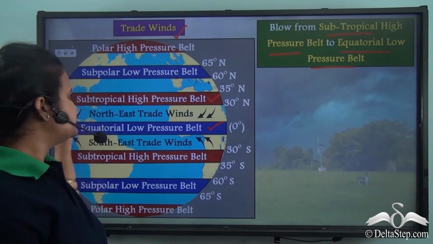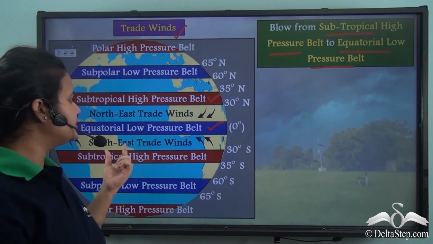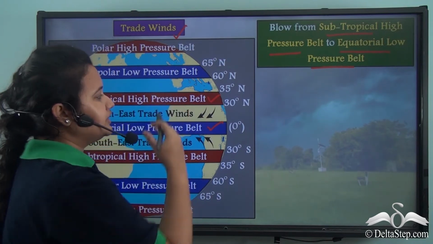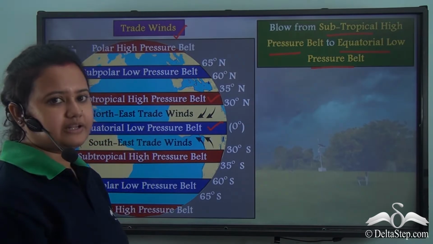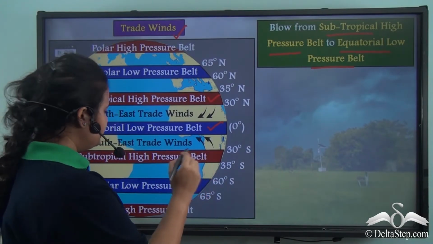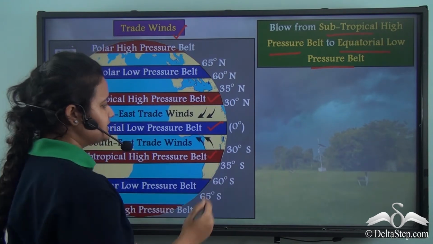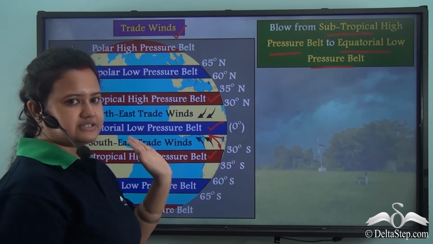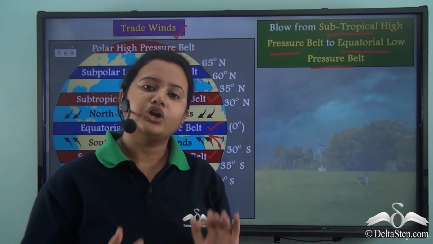Since subtropical pressure belt is a high pressure belt and equatorial pressure belt is a low pressure belt, therefore trade winds blow from high pressure belt to low pressure belt. And similarly, in the southern part also, they blow from subtropical high pressure belt to equatorial low pressure belt. So, these trade winds flow in this direction.